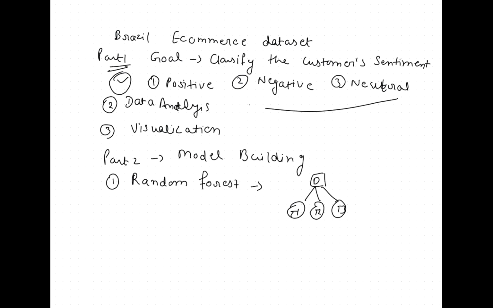Let's say this one says positive sentiment, this one also says positive, and this one says negative. So the majority of the vote goes towards the answer positive, and your model will classify it as positive sentiment. This is how it works.